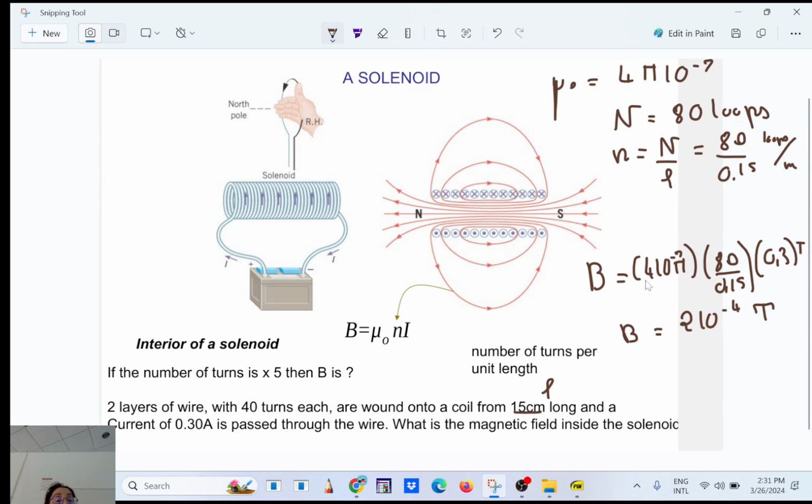So 4 pi, don't forget the pi. 4 pi times 10 to the negative 7 times, enter, times 80 divided by 0.15, enter, times 0.3.